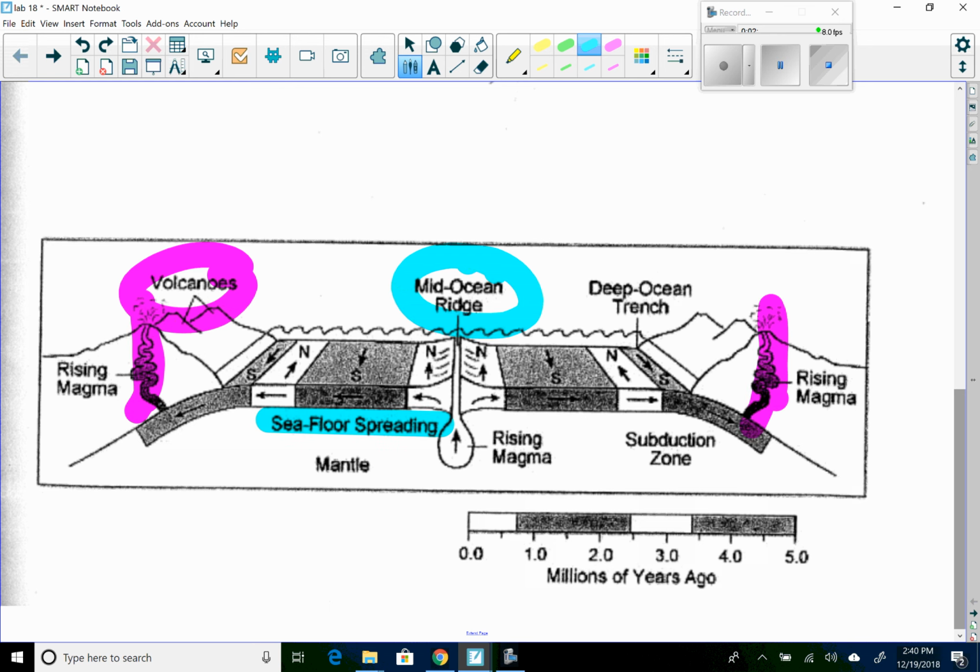And we can also see alternating bands of polarity and magnetism here denoted by the shading and the direction. If you notice, the arrows are pointing out, so the seafloor is spreading. And the scale is in millions of years ago. The blocks are in millions of years.